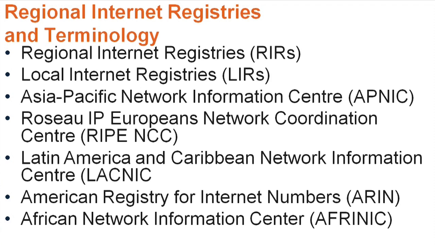So they are Asia Pacific Network Information Center, or APNIC, Réseaux IP Européens Network Coordination Centre, or RIPE, and Latin America and Caribbean Network Information Center, or LACNIC, American Registry for Internet Numbers, or ARIN, and African Network Information Center, or AFRINIC. So those are your sets of RIRs.